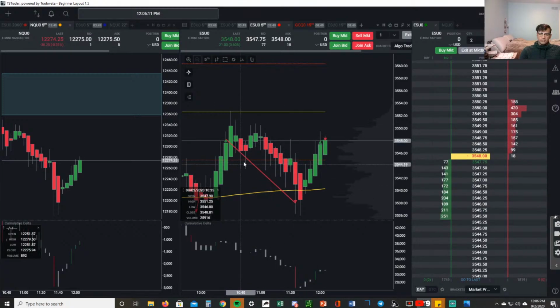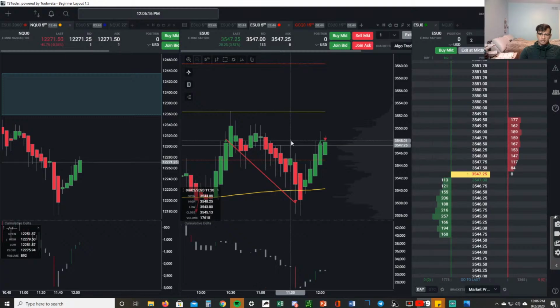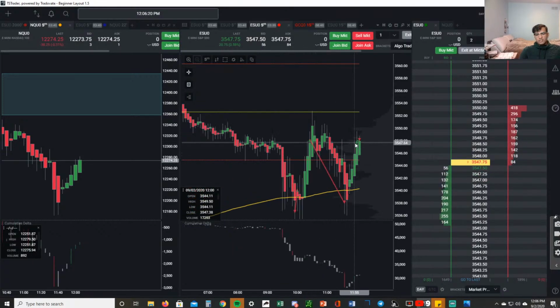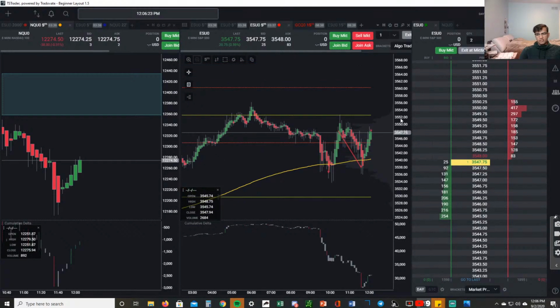That's what I should have done for the last trade too. I went back up here multiple times, but I didn't decide. I kept holding. I'm not trying to get caught. This seems to be just trying to push down at the moment.